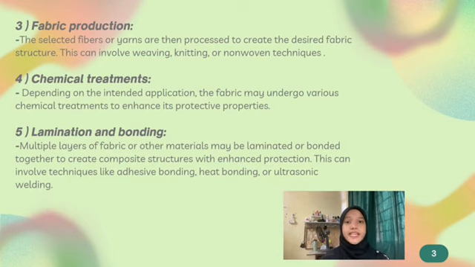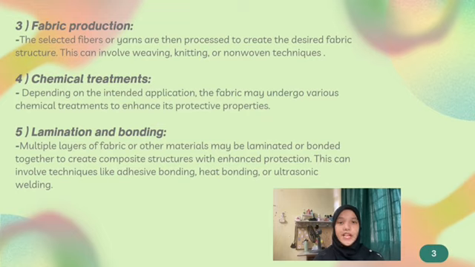So, the next flow process is chemical treatments. Depending on the intended application, the fabric may undergo various chemical treatments to enhance its protective properties. For example, flame retardant treatments can be applied to reduce flammability, or water repellent coatings can be added to provide resistance against liquid penetration.